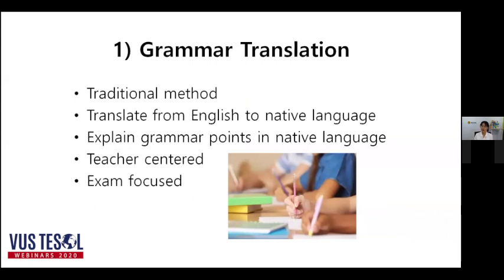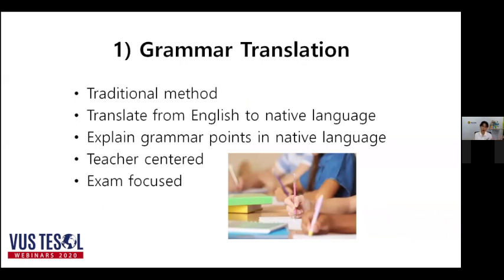Let's look at grammar translation first. This is the traditional method. You translate from English to Vietnamese, your native language, and then explain grammar in your native language. It's more or less teacher-centered because you are explaining the grammar.